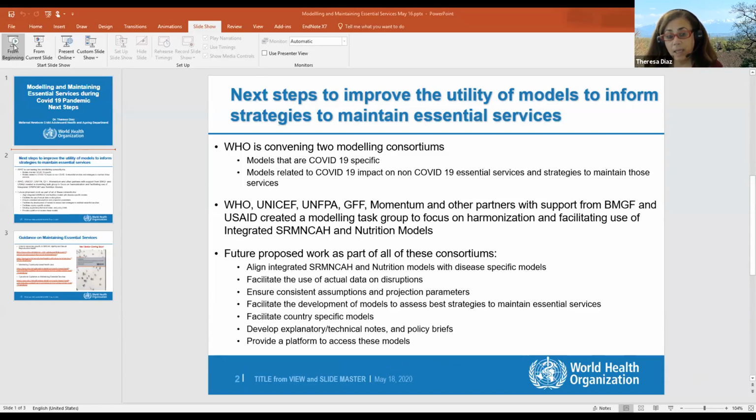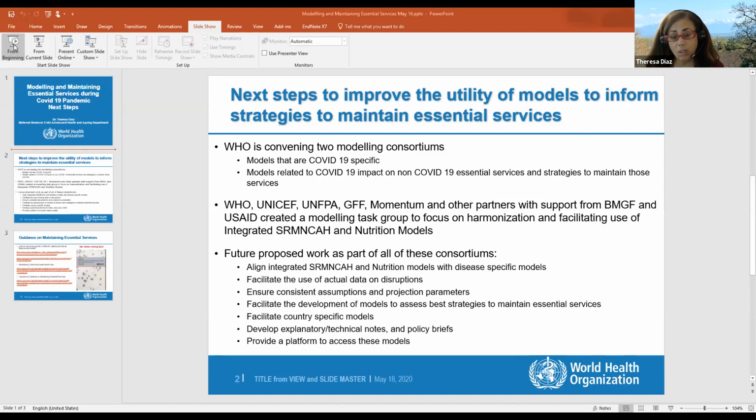And then we have a second modeling consortium that relates to this COVID-19 impact on non-COVID-19 essential services and strategies to maintain those services. And these 2 modeling consortiums are linked because you need to know about the epidemic itself in order to inform the models that are related to non-COVID essential services.